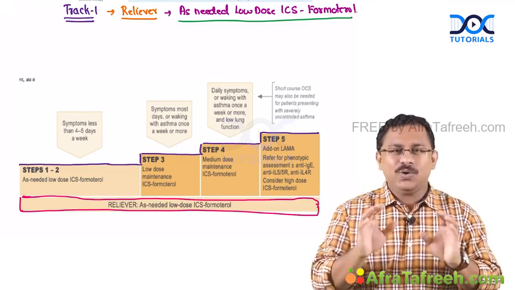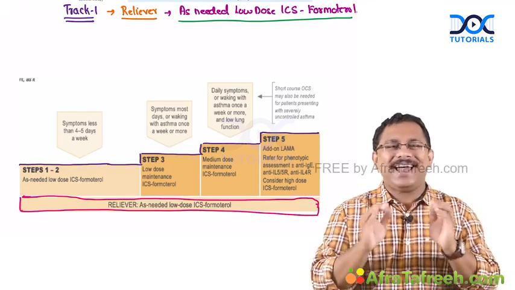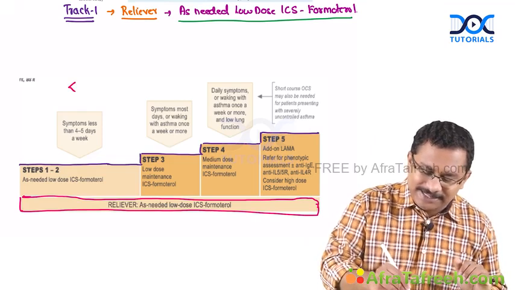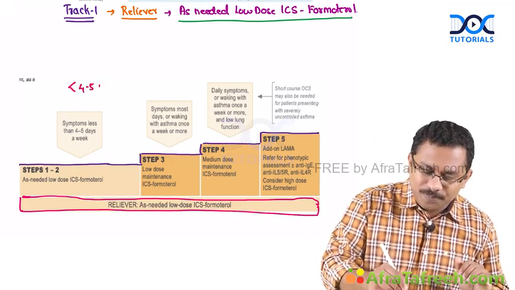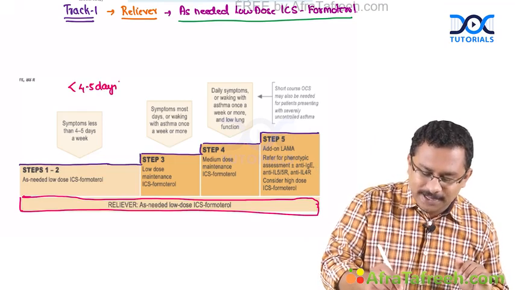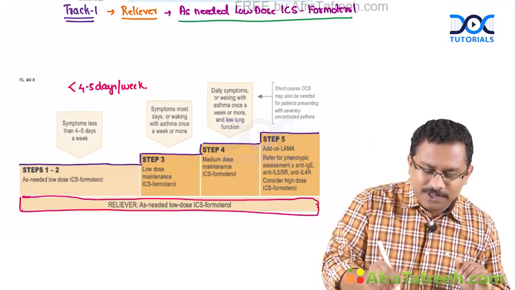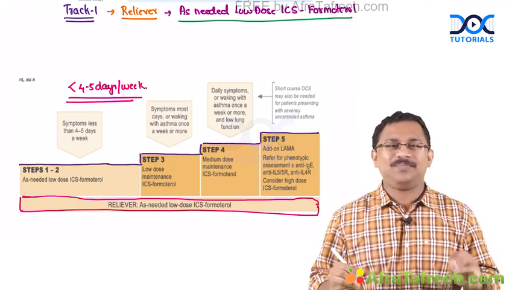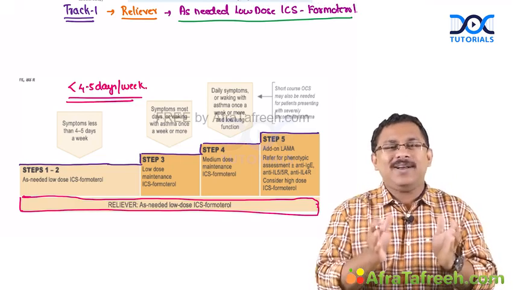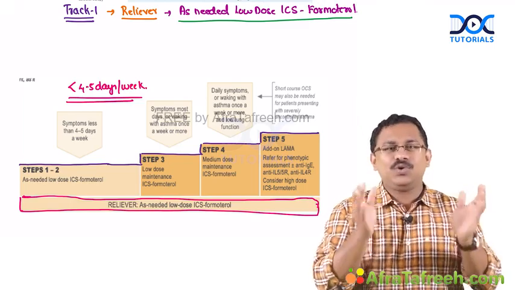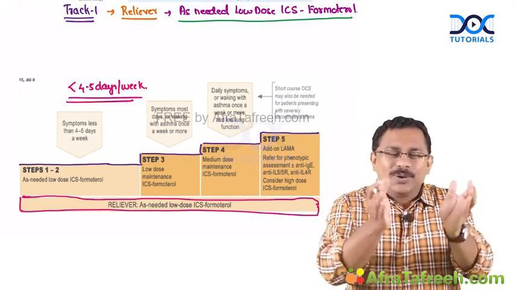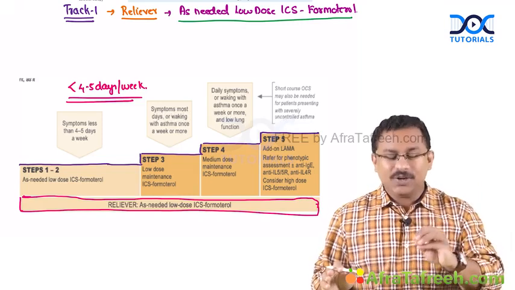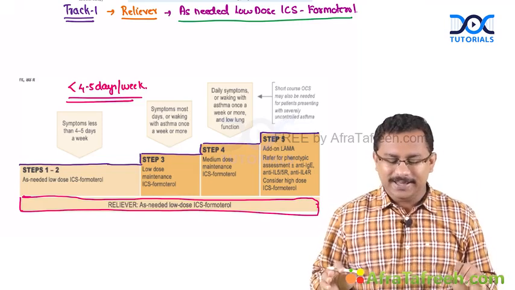So step 1 to 2, that group in track 1 means the patient is having symptoms less than 4 to 5 days a week. So if the symptoms are less than 4 to 5 days a week, it is actually falling under the step 1 to 2 category. Why is it grouped together? Because it has the same management. So that is called the step 1 to 2 category.